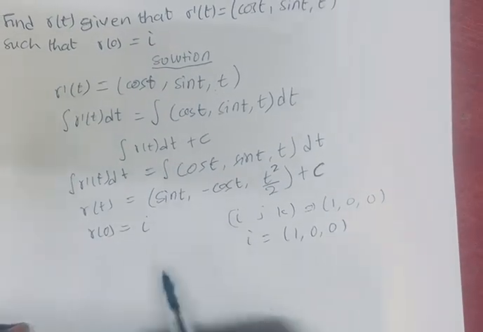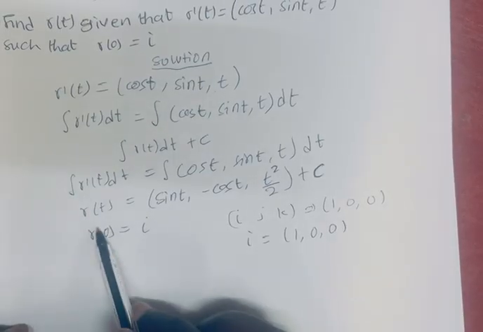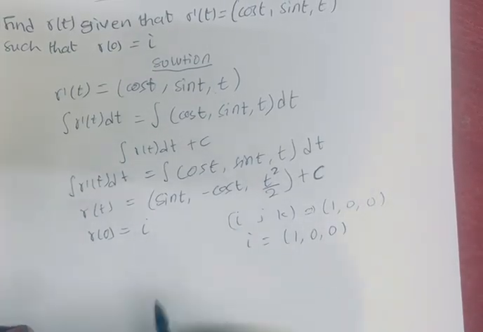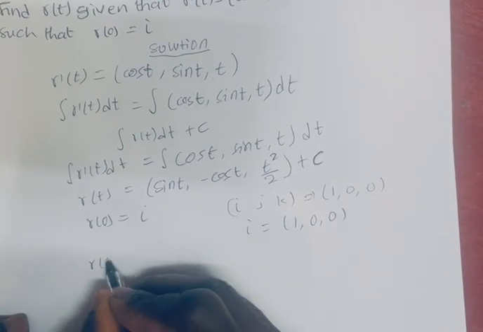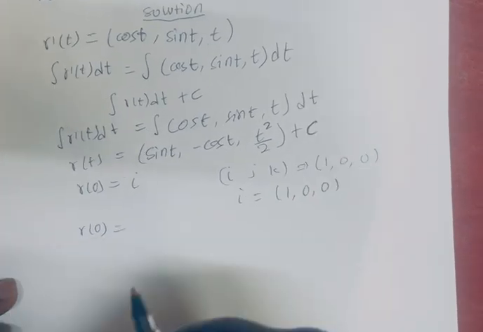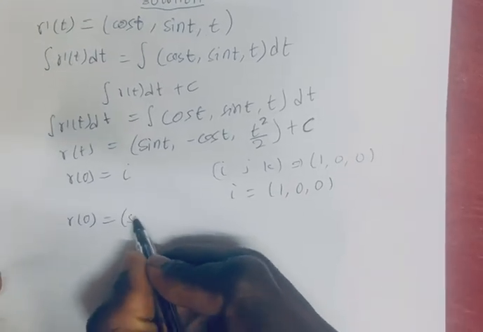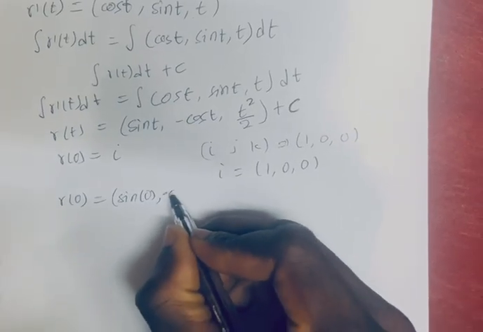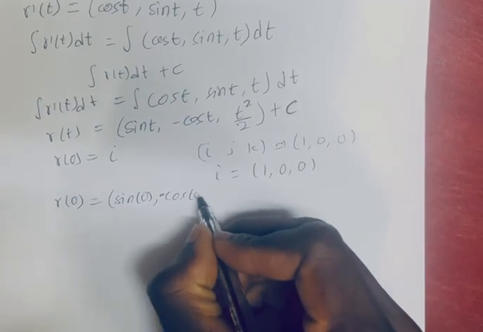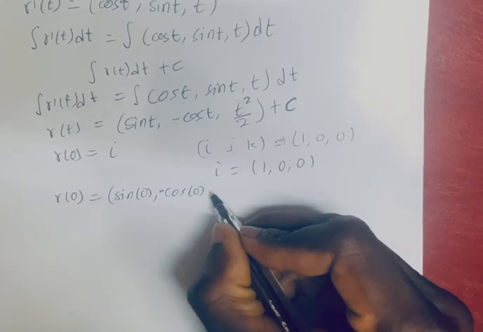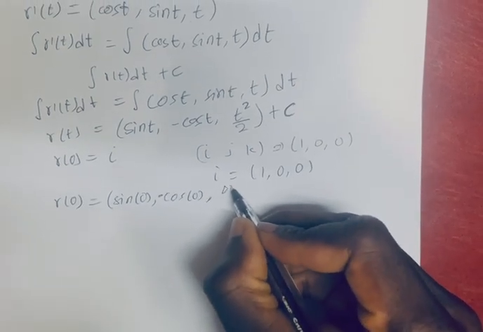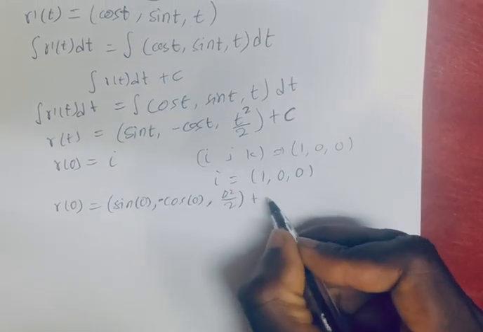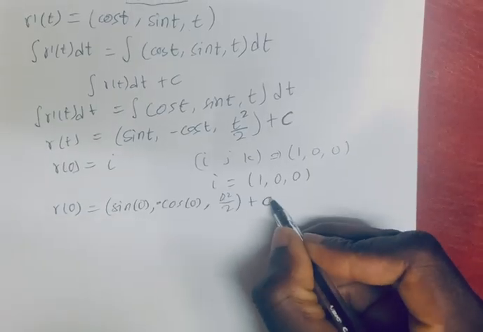So by substituting, we are going to substitute this into this function. So we have r of 0 equal to sin 0, comma, minus cos 0, comma, and then 0 squared over 2, plus the constant, which is c.